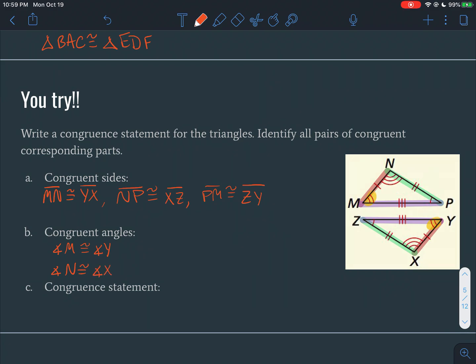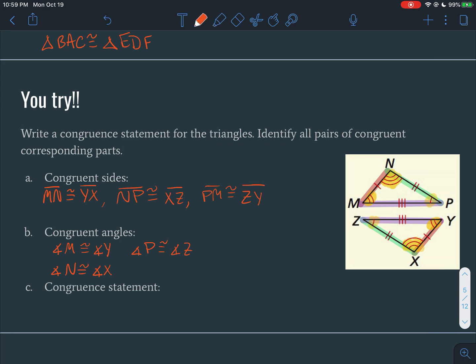Angle X has 3 arcs. And angle P has 1 arc, so it is congruent to angle Z with 1 arc. So we pay attention to our congruence marks to figure out which sides are congruent to which sides and which angles are congruent to which angles.